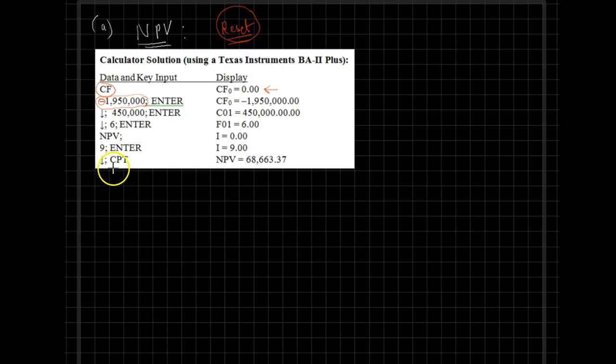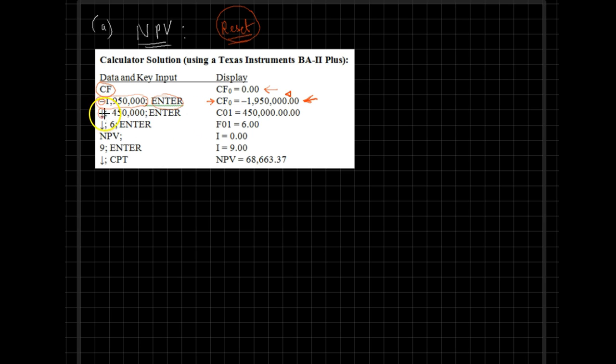Do not forget to put a minus sign by pressing the plus minus key, and then please press the enter key. The display of your calculator this time will show this. Now be careful, because you inputted this value, it will also show a sideways leaning triangle. That triangle shows you that you entered this properly.